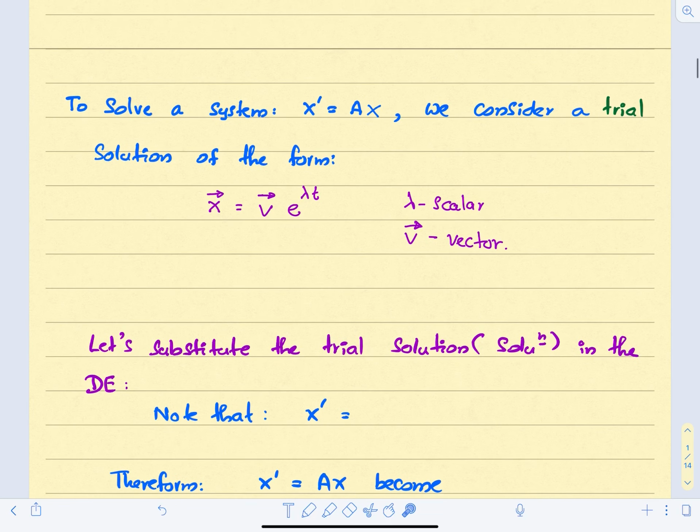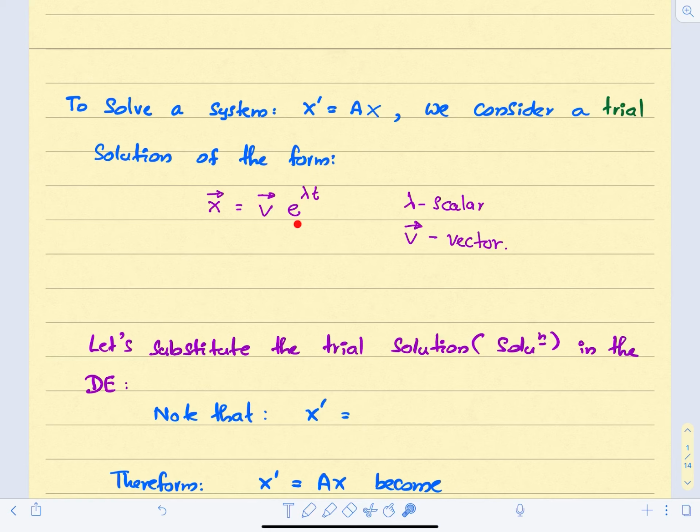Now let's substitute this candidate solution into the system of differential equations. First thing first, we want to calculate x prime. If x equals v e to the lambda t, here lambda is a constant and vector v is a constant vector.